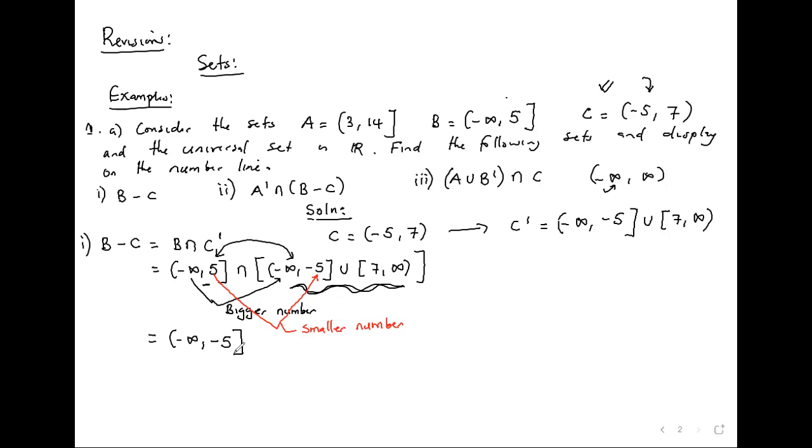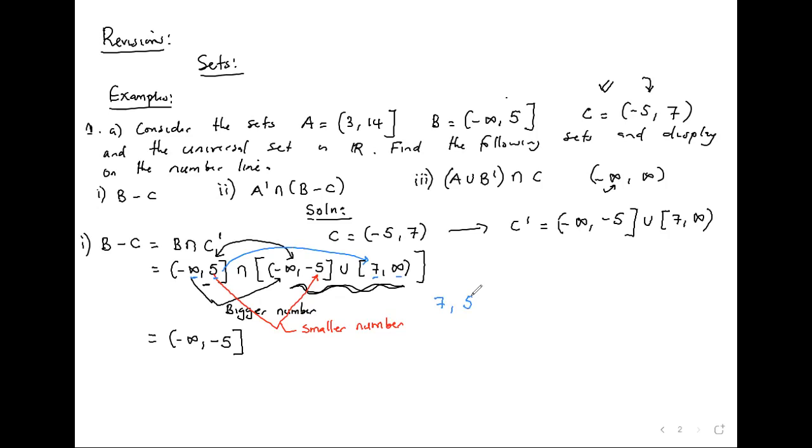Then now we extend this to the other interval, this interval versus the other interval. We wish to do the same thing. Between -infinity and 7, we get the bigger one. So the bigger one is 7. Between 5 and infinity, we get the smaller one. Now the smaller one is 5. But an interval does not move in the reverse way. It moves in ascending order.